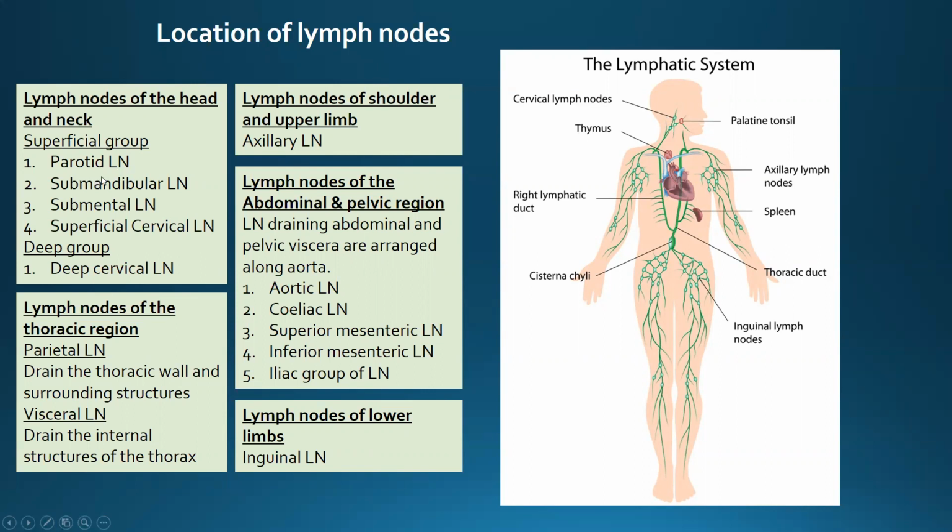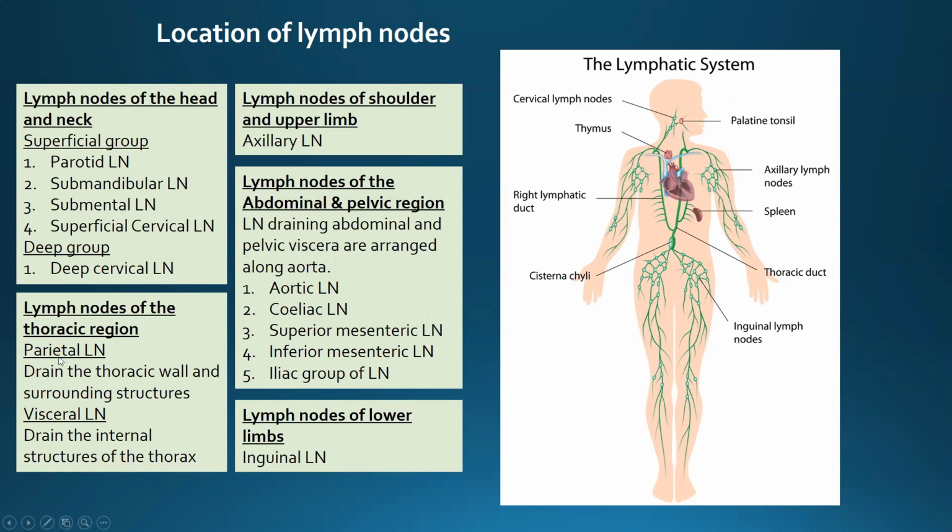When you have fever, or for instance an upper respiratory tract infection, the doctor will check for the presence of any cervical enlargement. And then the deep group, one of which is the deep cervical lymph nodes, is present at the side of the jugular vein. And then you have the lymph nodes of the thoracic region.